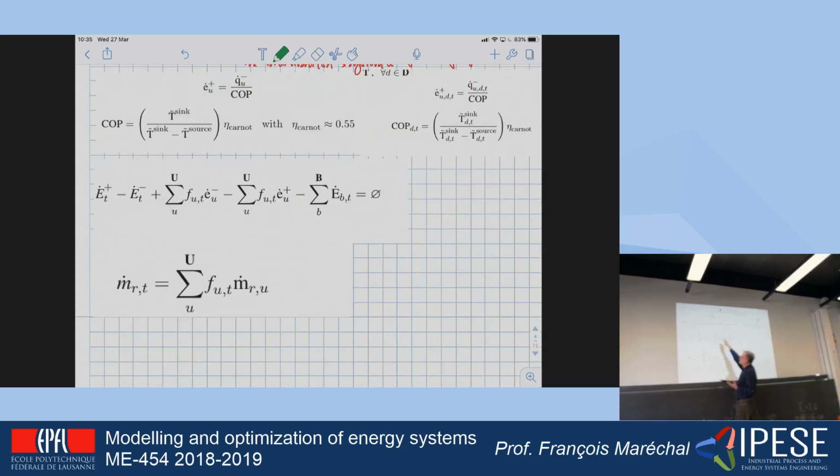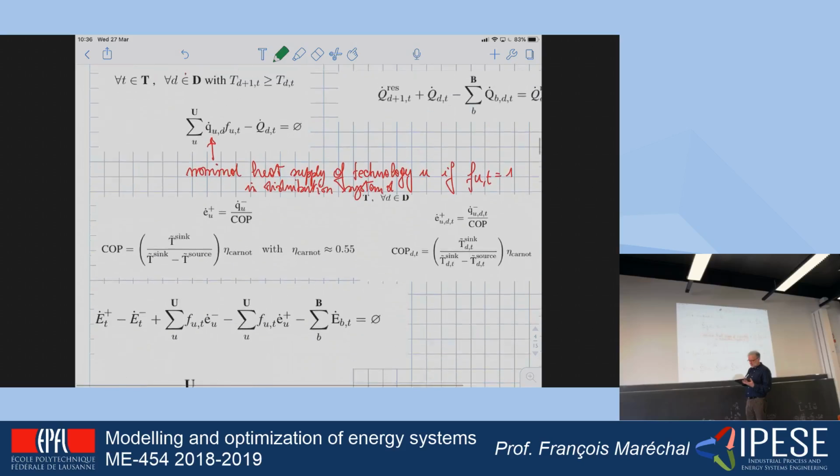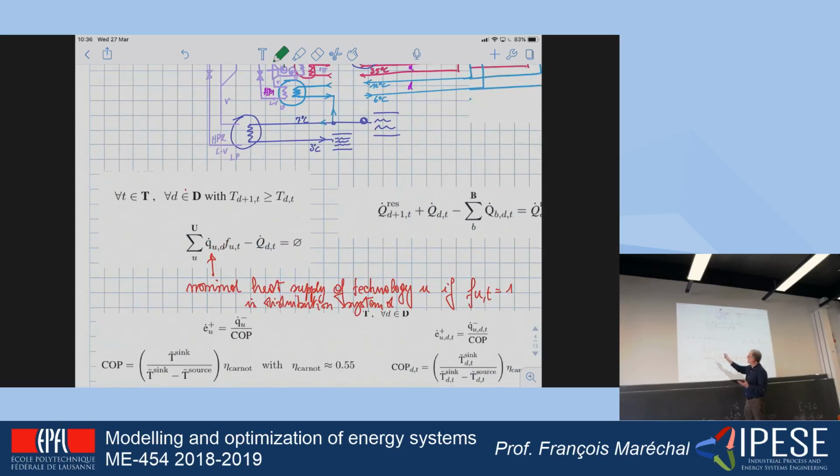And similarly to the amount of electricity that is consumed, I will have also the possibility of calculating how much resource is used, for example, in a gas turbine. So in the gas turbine, I will have a certain amount of mass flow of a resource, natural gas in this case, which will be related to the amount of electricity that it is going to produce. Okay? That is going to be associated as well to the amount of heat that it is going to produce. Okay?